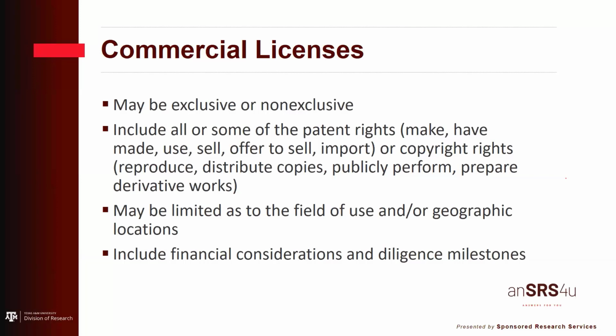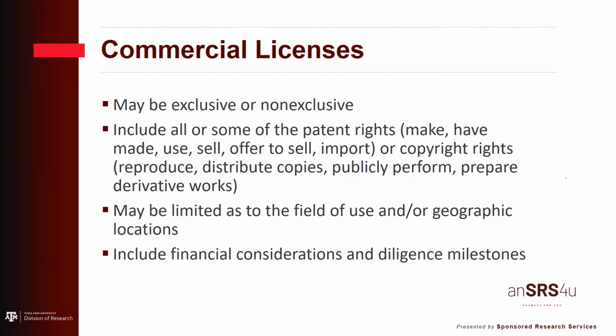For instance, if we have something that was originally developed with animal health applications, and we have a company that is in the animal health space, we do the license with them to utilize the technology in animal health because that makes sense. That is the area that they're in.